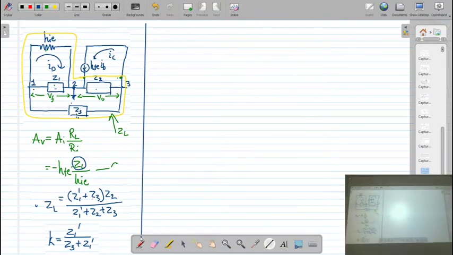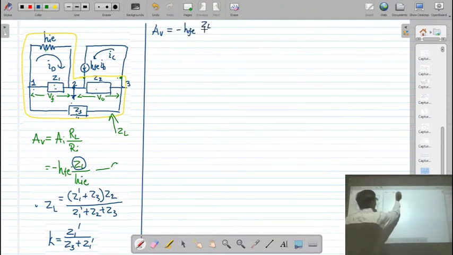Okay. So what is the Barkhausen criteria? Before the Barkhausen criteria, we will write the expression for the voltage gain. So the voltage gain of the amplifier is AV is equal to minus HFE into ZL divided by HIE. And what is my ZL? ZL already we have calculated.